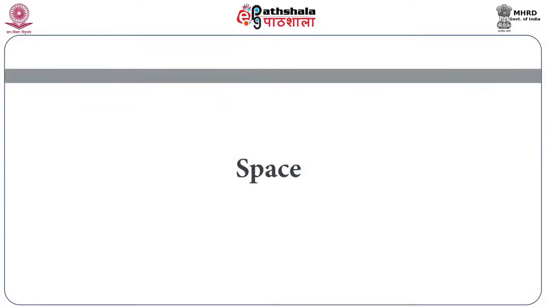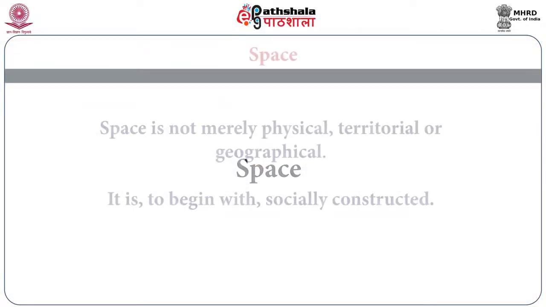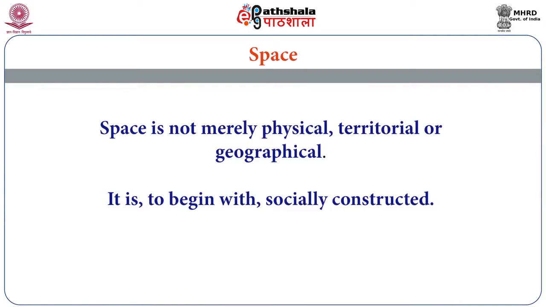Before we move on to understanding the finer aspects of space, it is essential to note the difference between space and place. Space and place are not the same. Space is not the physical territorial landscape around us. Space is socially constructed.